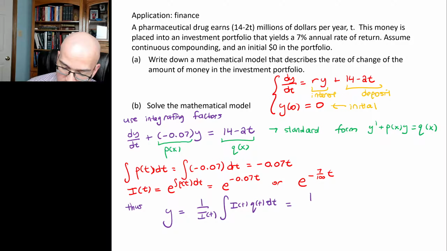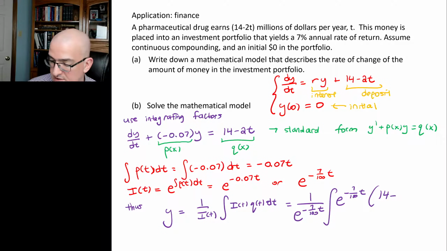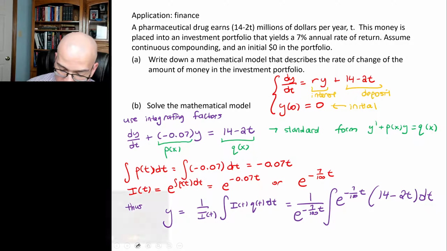So 1 over e to the negative 7 over 100 t times the integral of e to the negative 7 over 100 t times 14 minus 2t dt. I'll have to continue this on the next slide because it's going to take more space.